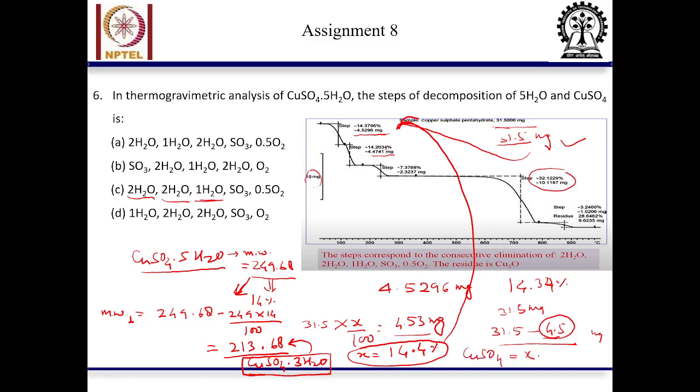Suppose it is X. Now you can check what is the molecular weight for this copper sulfate, and you reduce by 13%, so X minus X times 13%. So what is coming, Y? This Y species, you will see that this is not CuO, it is actually Cu2O. So from here you can see that whatever that process is, that is one process, SO2 and this one.